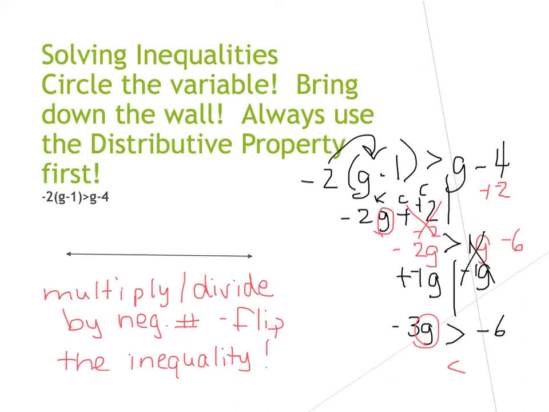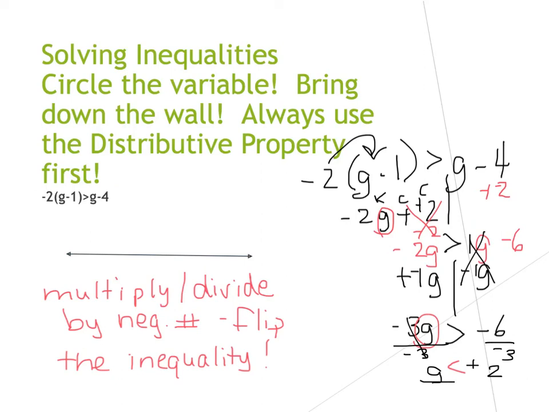Okay, so let's go ahead and finish this one up. This says multiply by negative 3, so I'm going to divide by negative 3 on both sides. That cancels, which leaves me with g. A negative divided by a negative is a positive. 6 divided by 3 is going to give me 2.